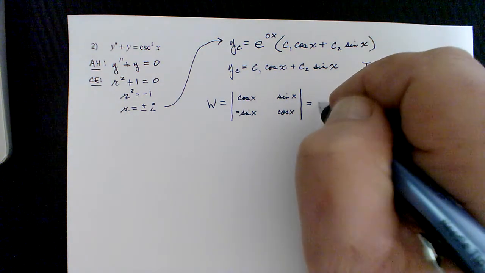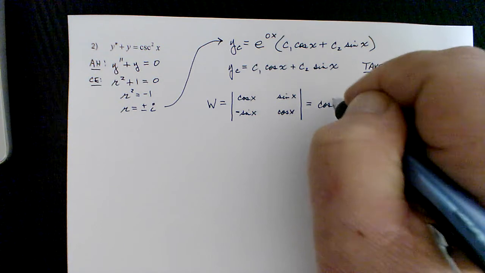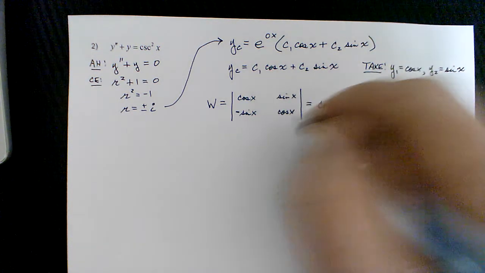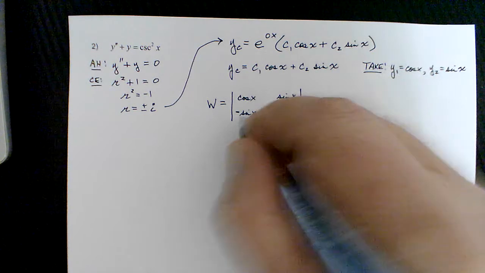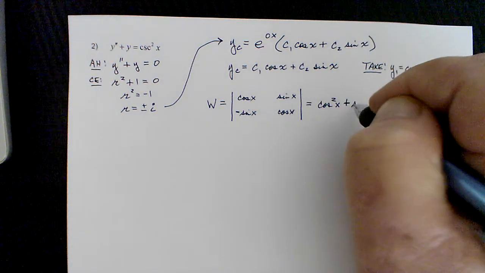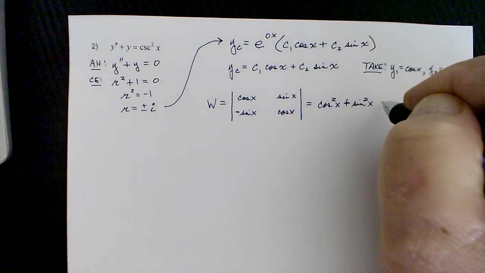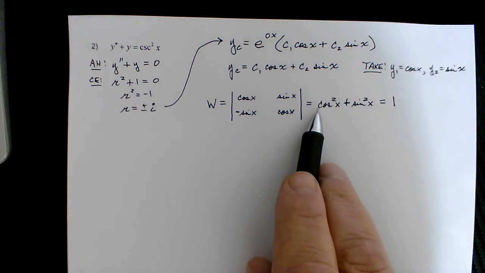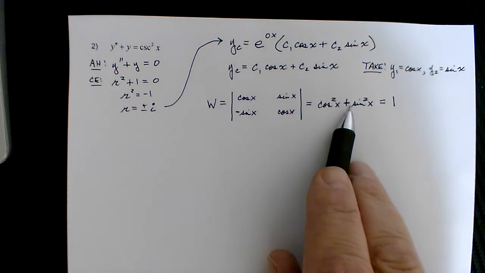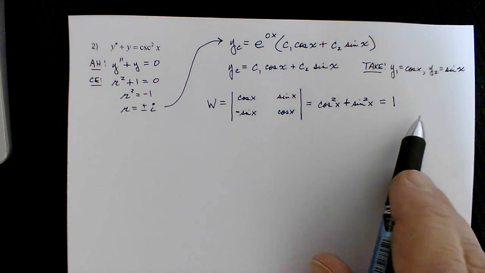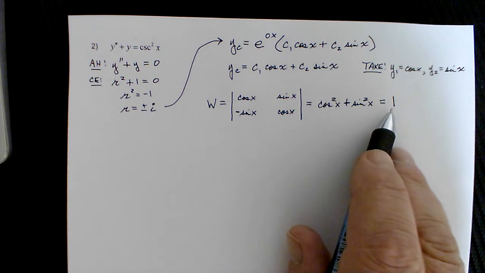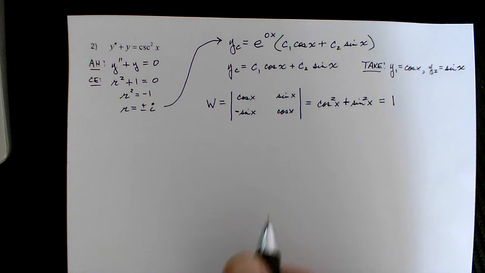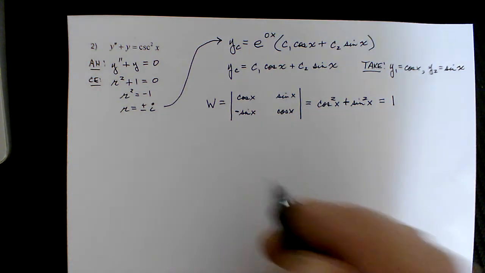But what's going to happen all the time here is when we take the product of the diagonals, we get cosine squared minus a minus sine squared, so that would make plus sine squared of x, which is our Pythagorean identity, which is 1. Now, as I was saying, be careful. If there's like 2's in front of these, then you factor out the 2 and it would just be 2 times 1 or 2. But you'll see something very similar, I'm sure, in the homework. Okay, so now we can go to the formula.